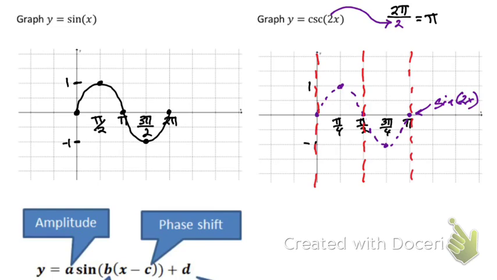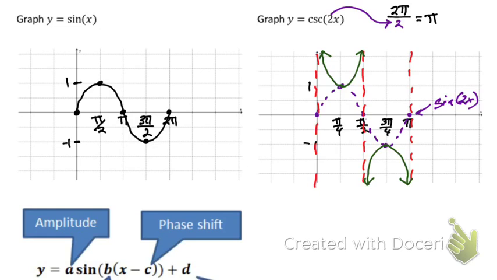And since it's a reciprocal, everywhere that's pointing down is going to point up. Let's use green. So my cosecant would actually be pointing up here, and wherever it's going up, I'm going to go down. And that green one is my cosecant of 2x.